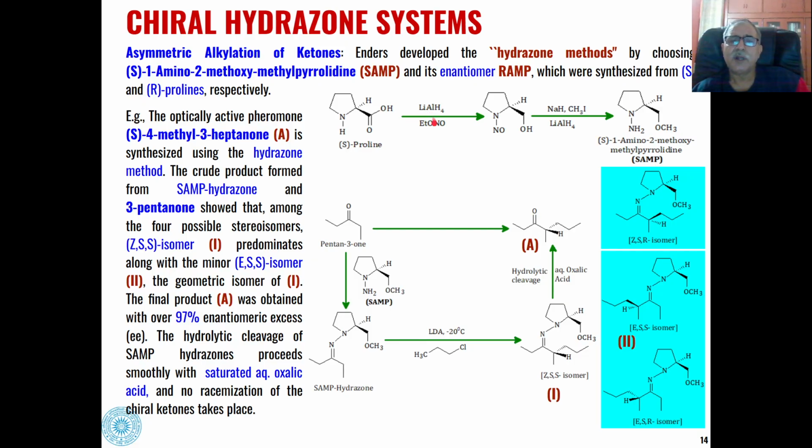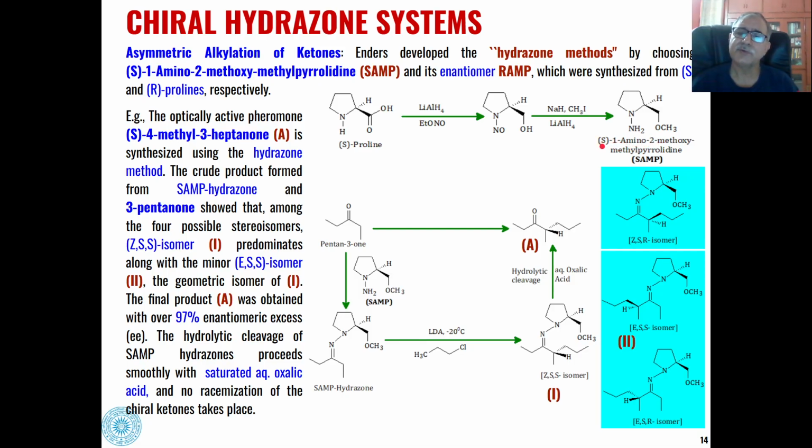First, S-proline undergoes reduction with lithium aluminium hydride, and this is converted into the corresponding nitroso prolinol derivative, and this on reaction with sodium hydride followed by alkylation will lead to the formation of this SAMP having S configuration.